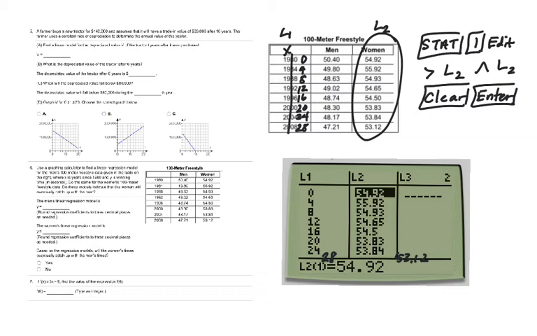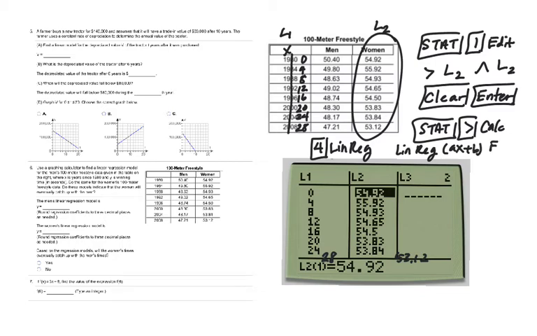So once you've typed everything in correctly, you'll then choose Stat again. Arrow over to the right to calculate. You'll choose 4, button for linear regression. And then at the top of your calculator screen, you'll see linear regression, AX plus B. Hit enter.